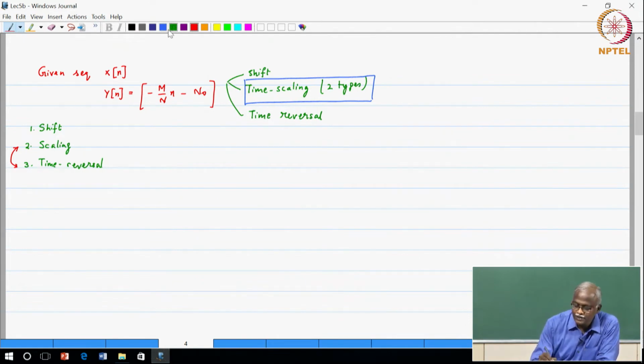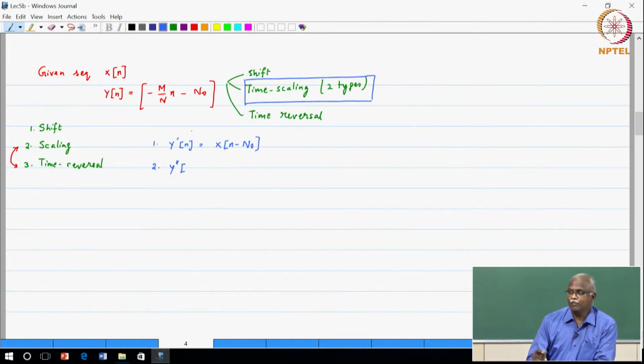So, the steps that we would do here. The first step would be to define y prime of n as x of n minus n naught. Then the second step is to do the sampling rate expansion: y double prime of n is y prime of n by n.